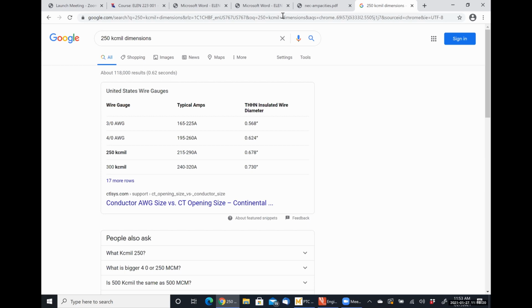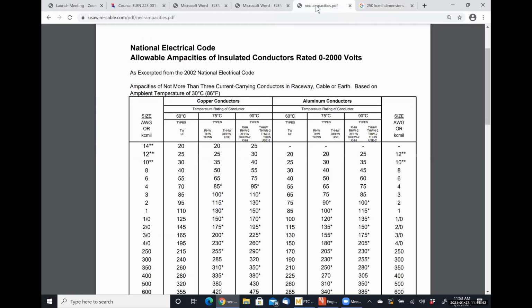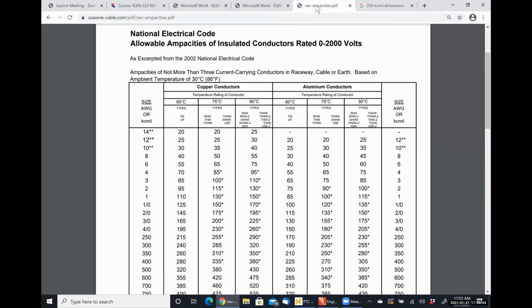Typically speaking, if we want to design a cable run safely, it needs to be able to withstand 125% of its full load current. So with a full load current of 212 amps, 212 times 1.25 means we really need to be sizing for 265 amps, which means we would have to go all the way up to a 400 kcmil wire.